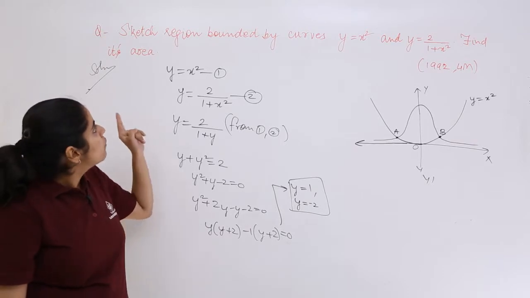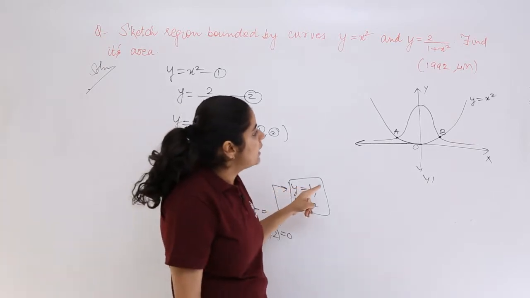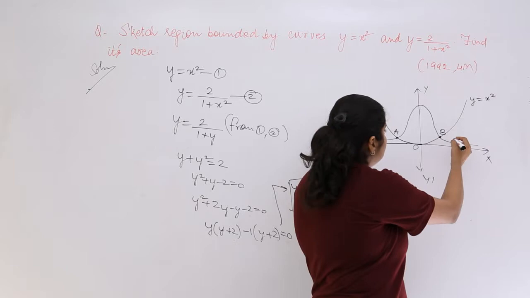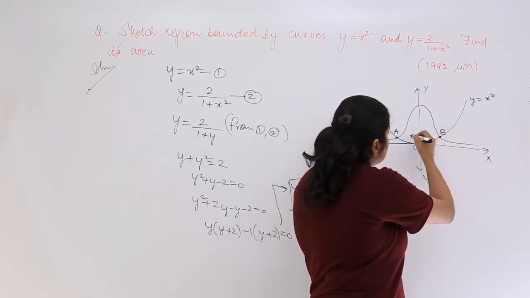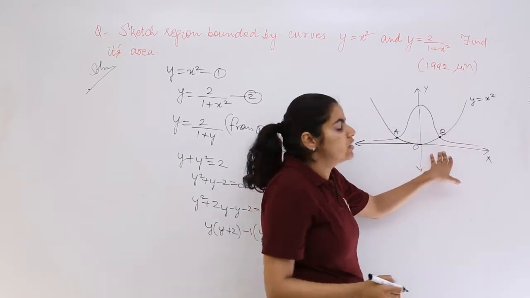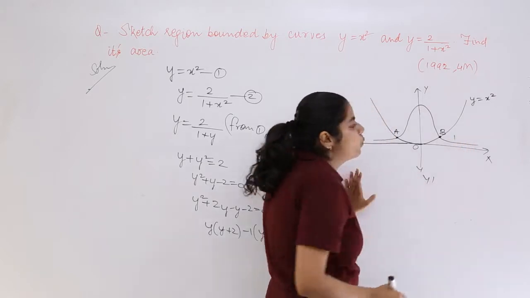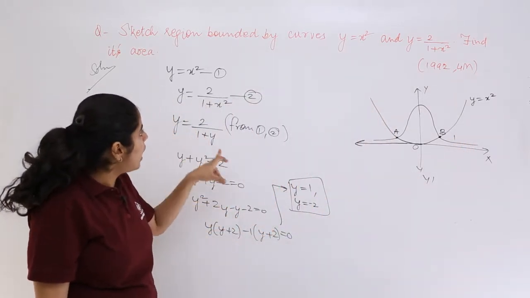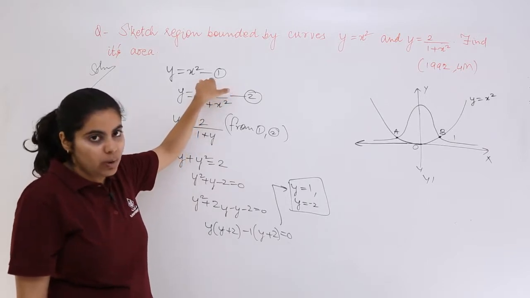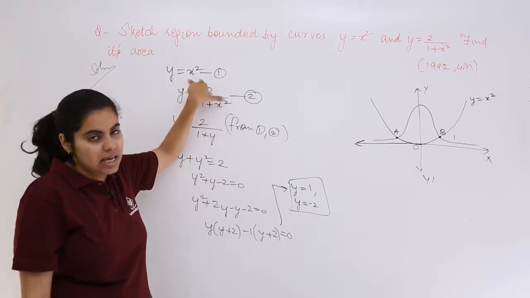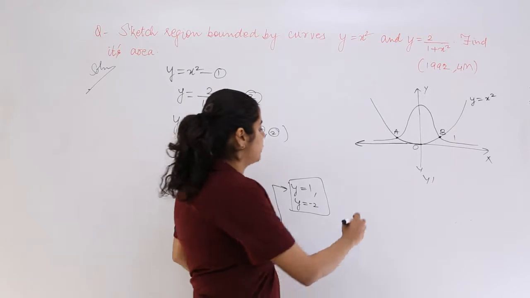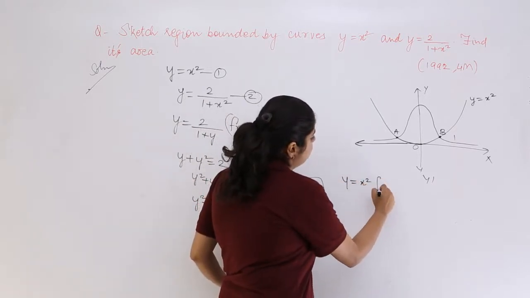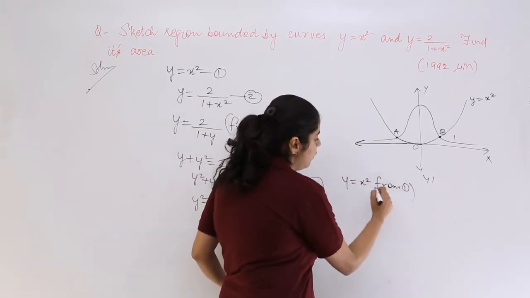So see, y is there and it is 1. Fine. So see that you have the positive side here. So y is 1. Now what should be done? Now I need to find x² and see what x is. So y = x² from 1, right?